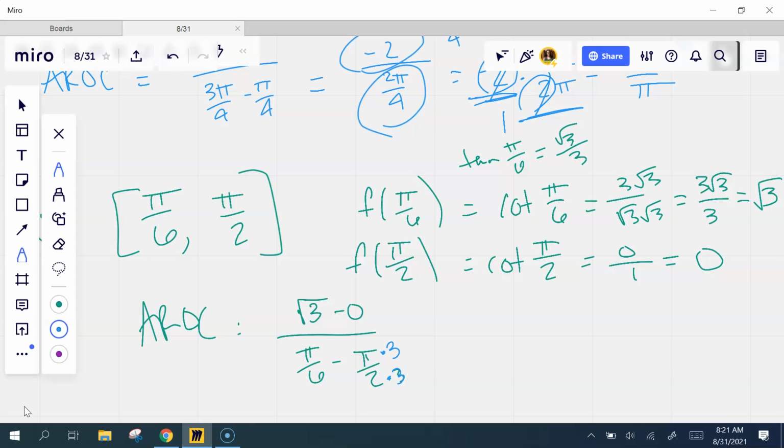So we would get negative something pi over 6. What's pi minus 3 pi? The negative 2 pi over 6. Yep. Now take the top. It's going to be square root of 3 over 2 pi. Multiply by those 6, as you've already done.